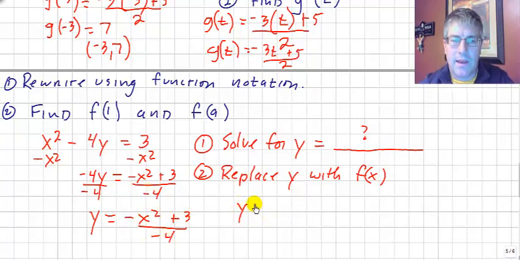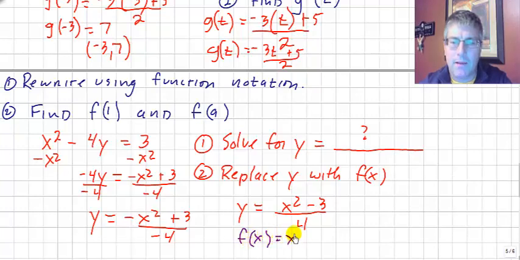Or we could look at that as y equals negative x squared over negative 4, which is the same as positive x squared, minus 3 all over positive 4. That's a little bit cleaner. So our new function actually is f of x equals x squared minus 3 over 4.